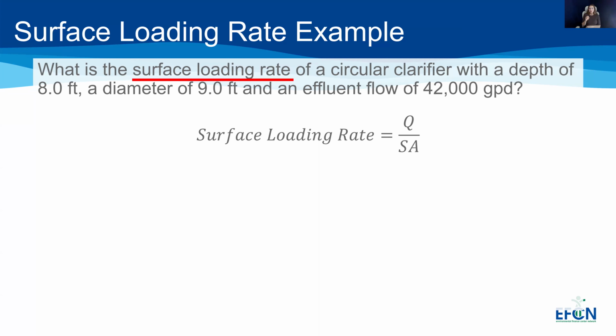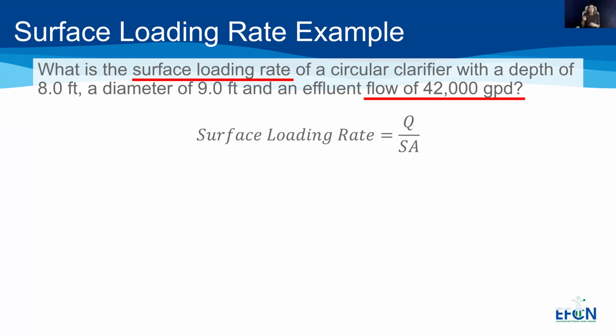Typically you can find one of these formulas in our certification that says surface loading rate. It asks for that flow, which is given already in the problem. So that's our Q, our 42,000. But then we need to figure out our surface area. We're going to practice doing some of these equations.